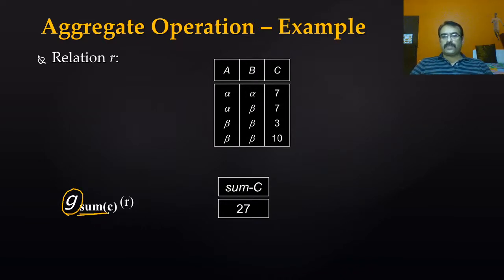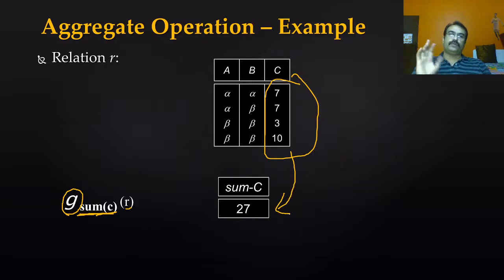So sum of C from relation R. So relation R is this, sum of C, and this is the symbol for which the aggregate function will appear as a subscript. The total of values of sum will be produced as output.